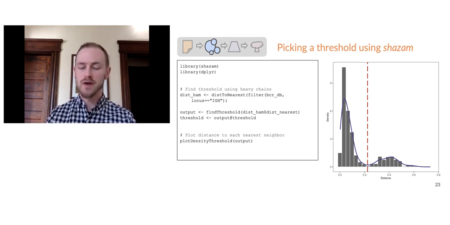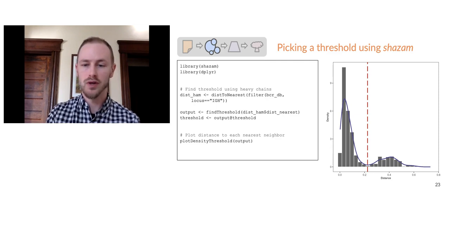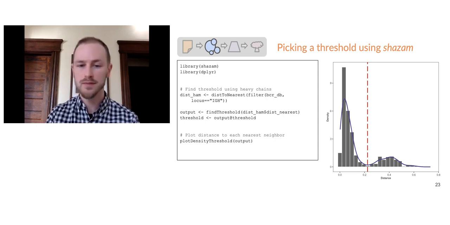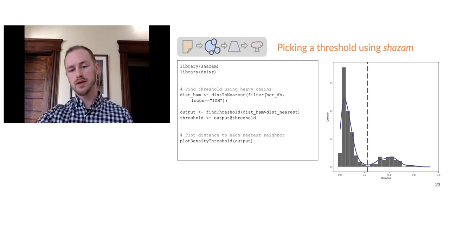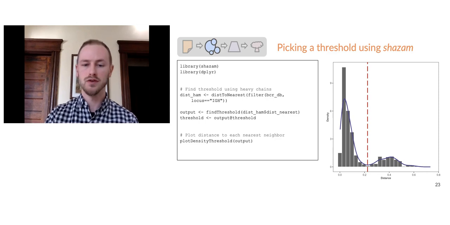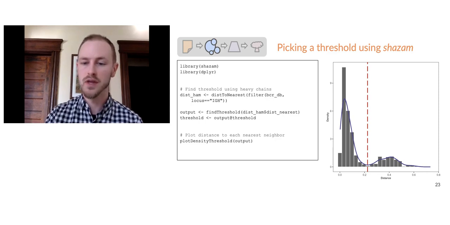Next, we can use the findThreshold function, which will look at the distribution of distance to nearest neighbor distances and automatically detect an optimal threshold. So the way this works is when we plot the distribution of distance to nearest neighbor differences, we often get this bimodal distribution.